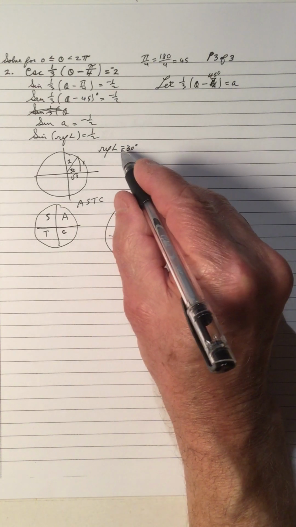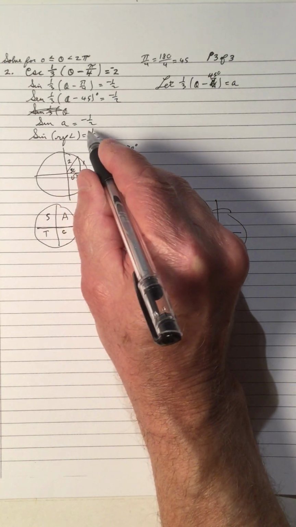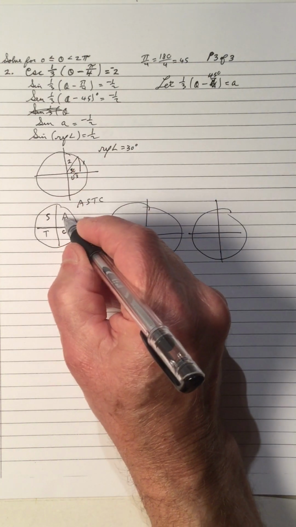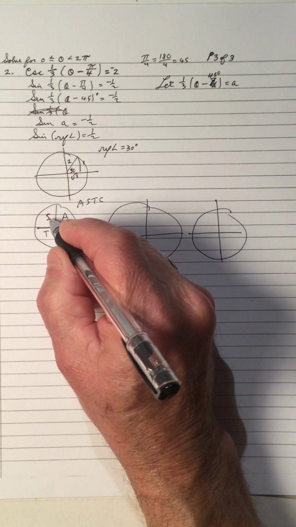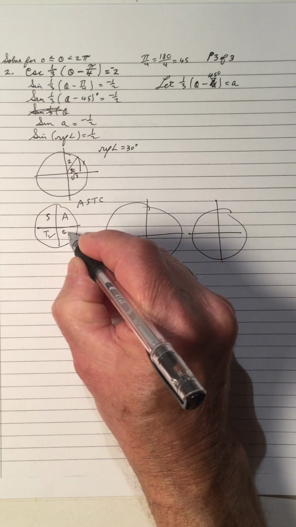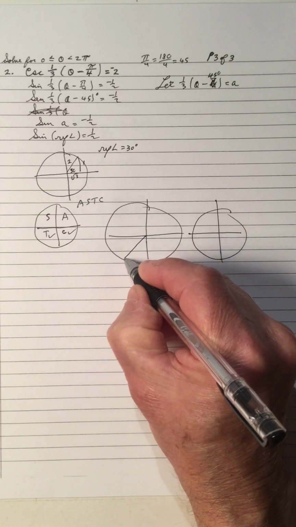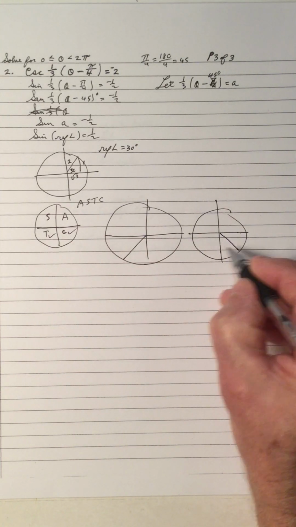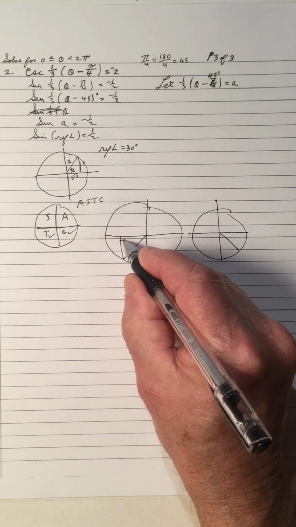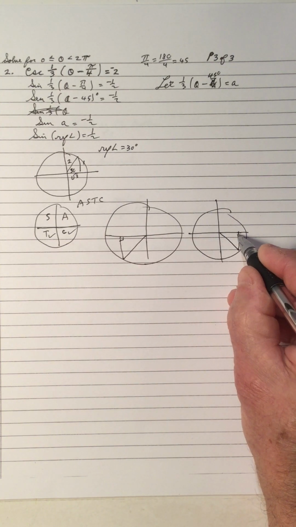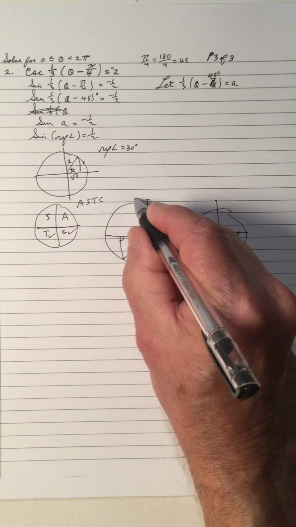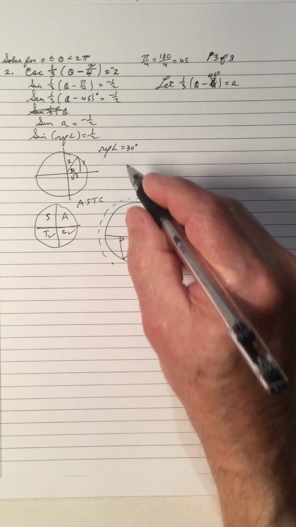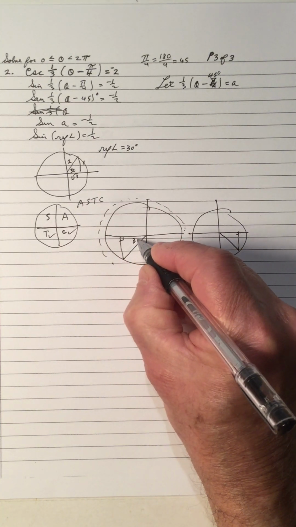And now we go to what quadrants? Sine is negative. Sine is positive here and here, so it's negative in 3 and 4. So we draw a terminal arm in 3. We draw the terminal arm in 4, perpendicular to the x-axis. The reference angle is 30 degrees.